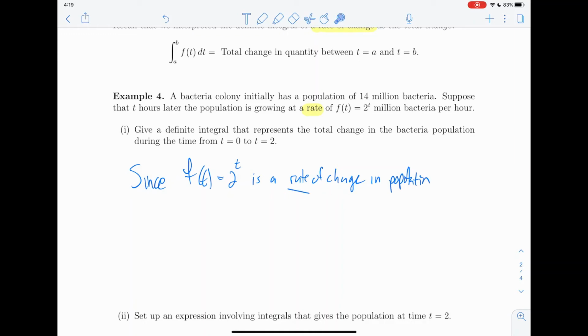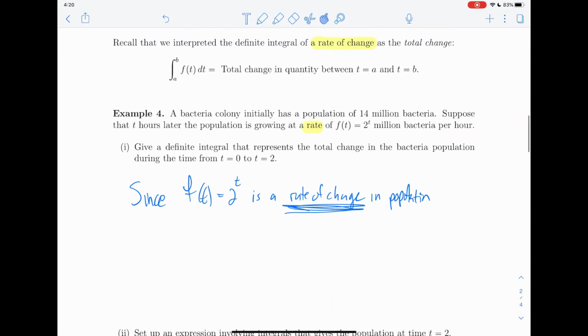That means that we can use this definition of total change. So once we make that observation, the change in population from t equals 0 to t equals 2 is therefore equal to the definite integral from 0 to 2 of 2 to the t dt.